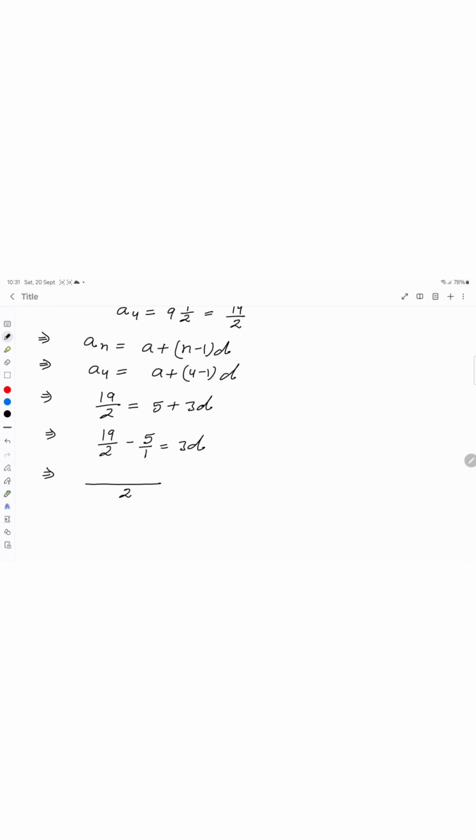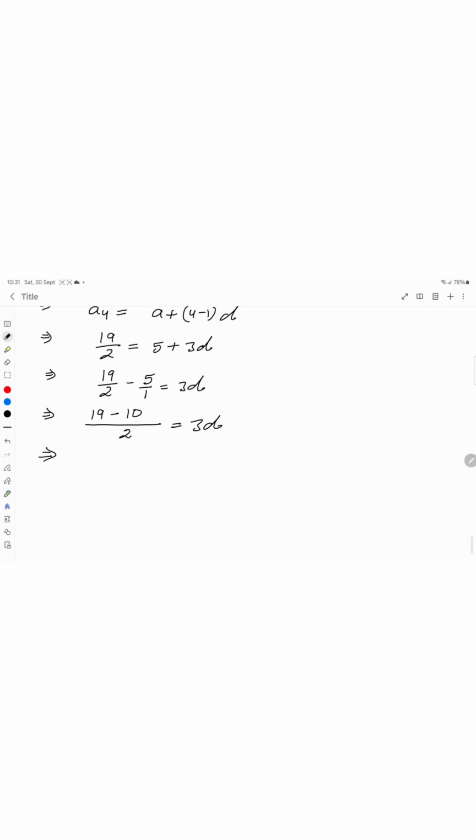Now 2 divided by 2, divided by denominator of the first fraction, that is 2. 2 को 2 से डिवाइड करेंगे तो 1 आएगा, 1 को 19 से मल्टीप्लाई करेंगे, ये माइनस आ गया. Now divide 2 by 1, 2. 2 and 5 को मल्टीप्लाई करेंगे तो 10 आएगा, equal to 3d. When we subtract 10 from 19, then we will get 9/2 equal to 3d upon 1.